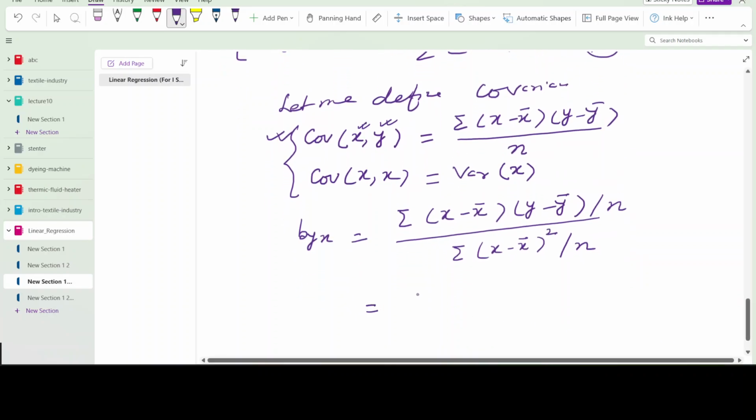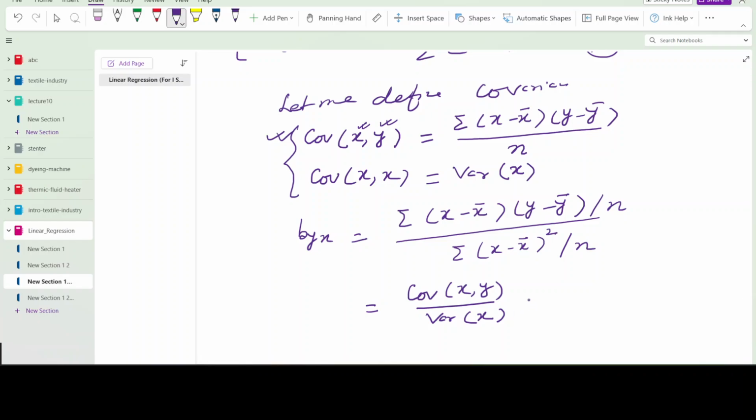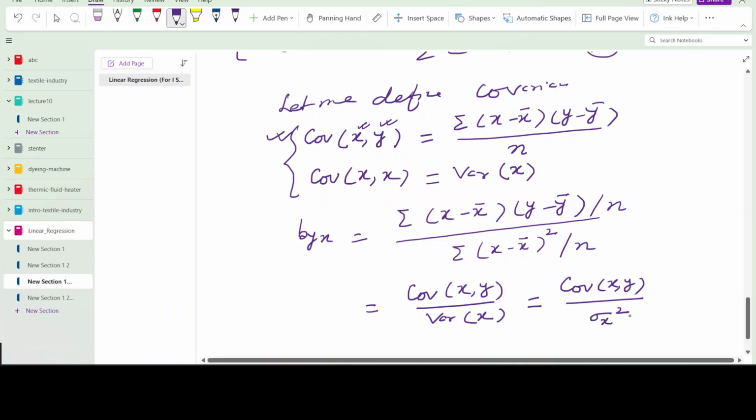The upper term is known as covariance of xy, and the lower term is variance of x. Covariance xy and variance of x, we write it as sigma x square.